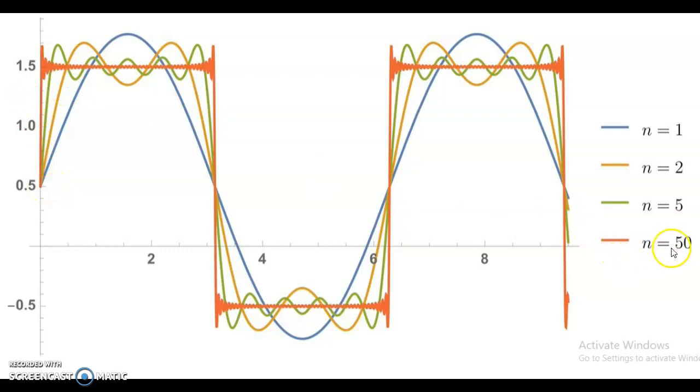As you move from n equals 1 to n equals 50, you can see how much difference there is between this n equals 1 and this 50th harmonic signal. The 50th harmonic gives you a very good approximation of the actual signal. So this is how we can keep evolving the signal and keep approaching the actual signal.